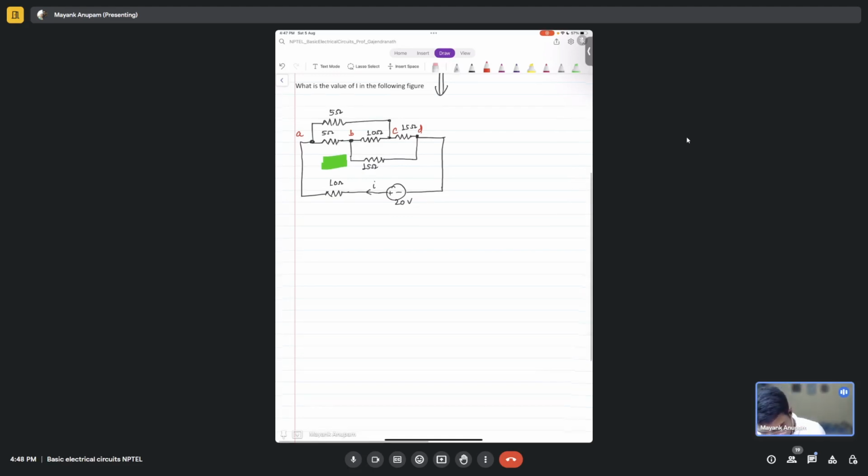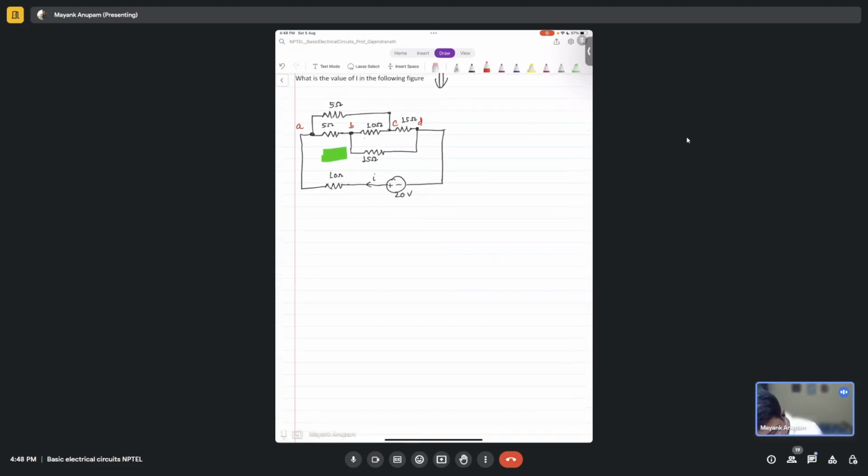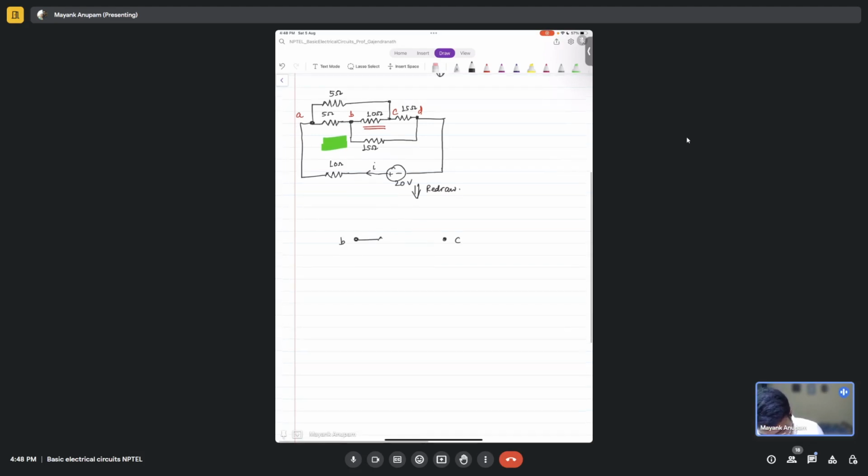Now let's take this 10 ohm and call this B, call this C. So this 10 ohm is connected between B and C, right? Let me take a different color for this. So let's take B here, let's take C here, and this 10 ohms connected here.